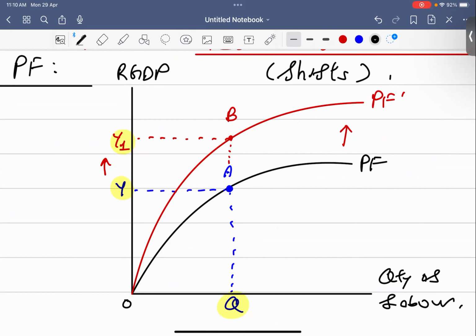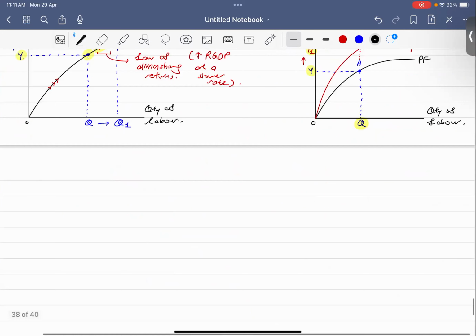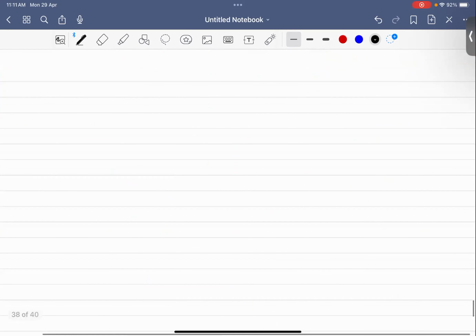Okay, next one. There's a war in the country. A war in the country destroys all your resources. So for this one, how will the graph look? Same thing, look at your y-axis and x-axis.